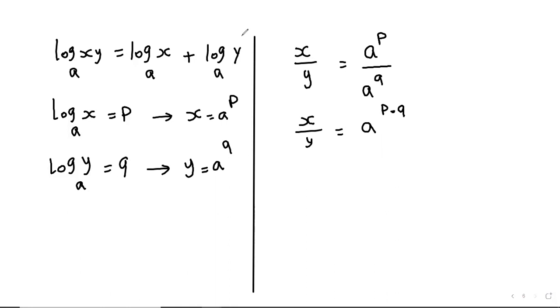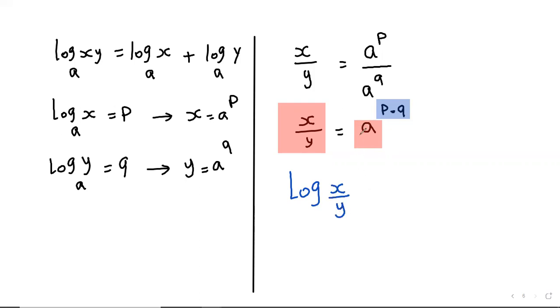And x over y is the number here, and a is the base, and b minus q is the power. So we're going to write them in the log way. So log of the number, log x over y, this is the number.